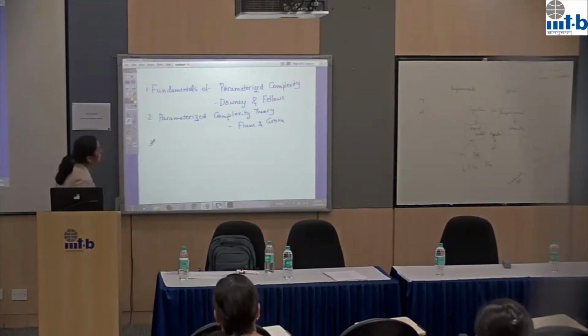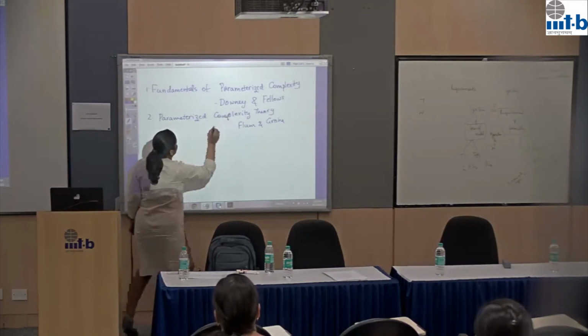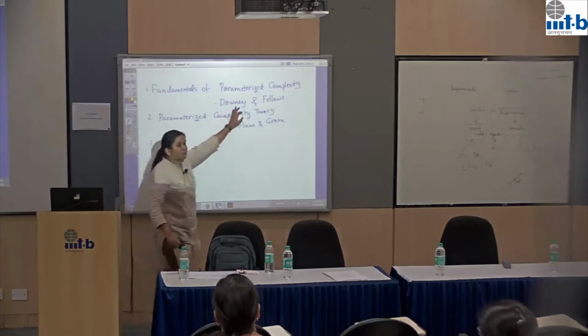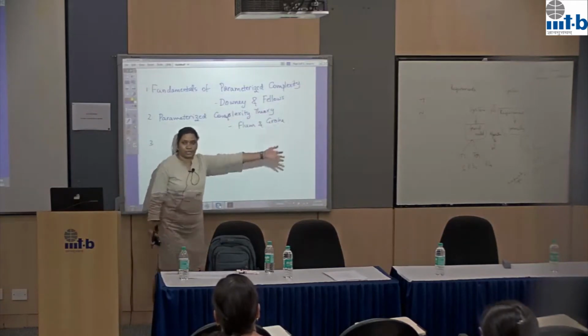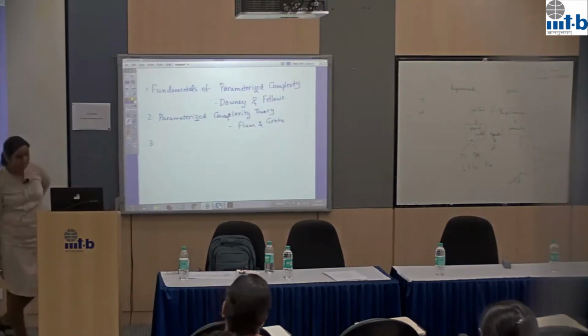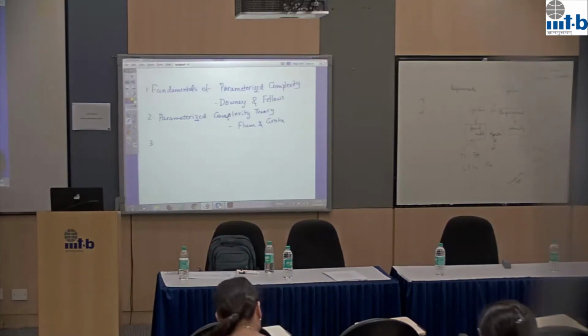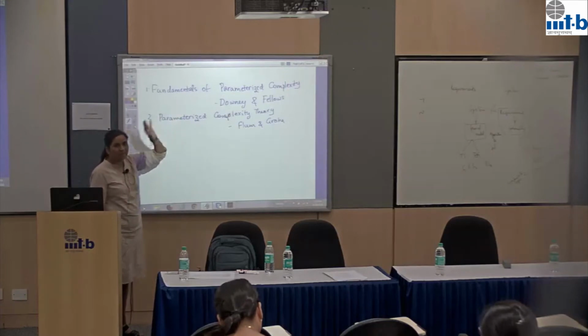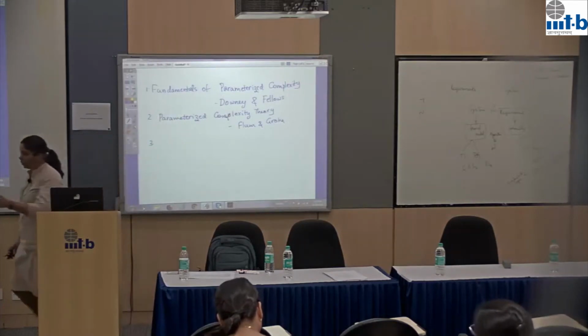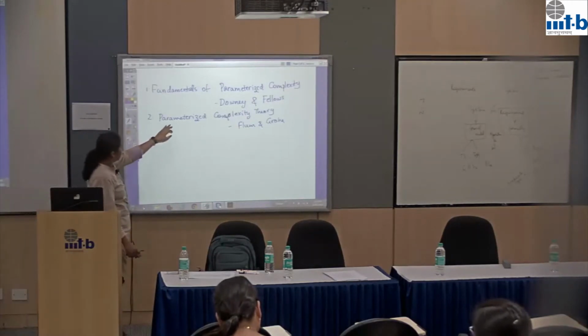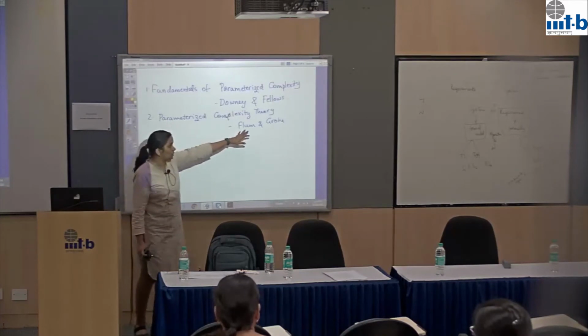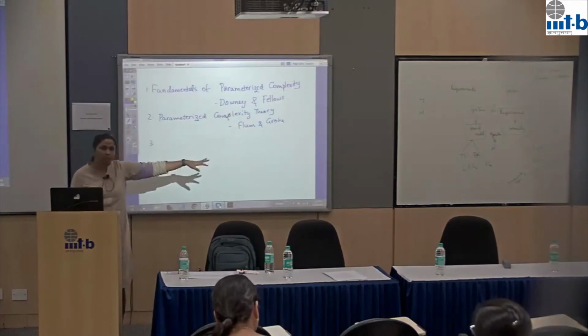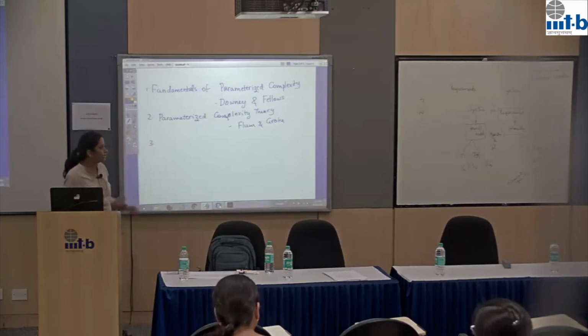Okay. So these two books, Downey and Fellows actually are the founders of this area. They are the founders of parameterized complexity, and therefore this book, as you expect, is fairly deep. It explains all the complexity theoretic aspects of it as well. And similarly, Parameterized Complexity Theory by Flum and Grohe is also a comprehensive book on parameterized complexity.